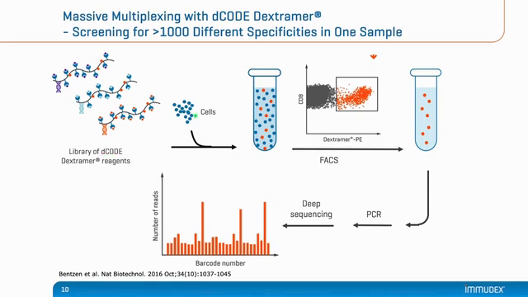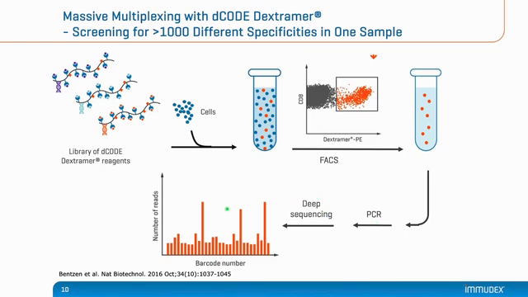This library can be used to stain a pool of cells, be them PBMCs or tumor samples. Once stained, the cells that bind these reagents can be sorted based on the fluorescent markers present on these reagents.